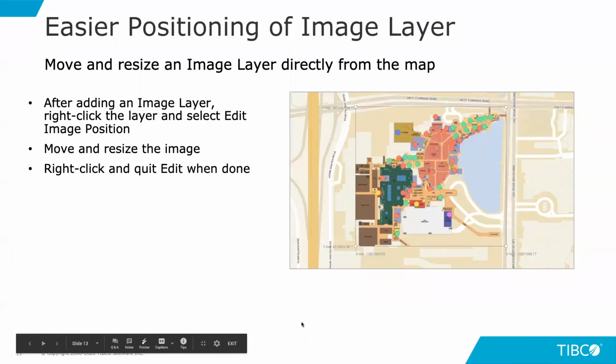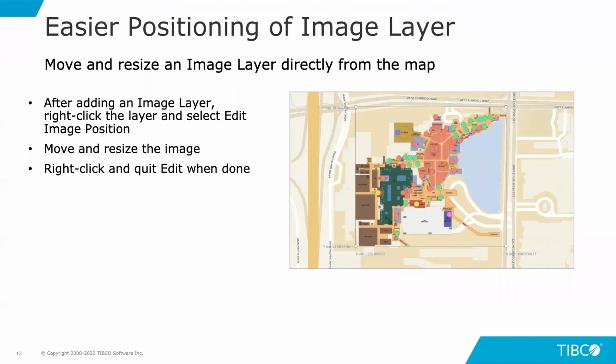As you know, Spotfire map chart can include multiple layers of data from different data sources, which includes GIS data, map services, and images as well. And in this release, we focused on making it much easier to position background images over maps.